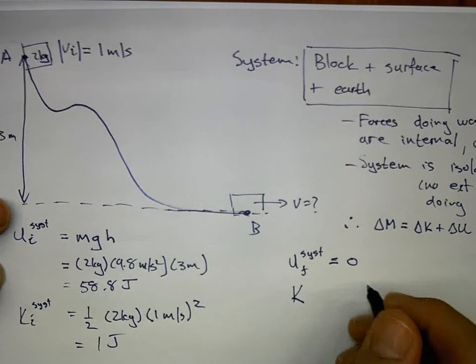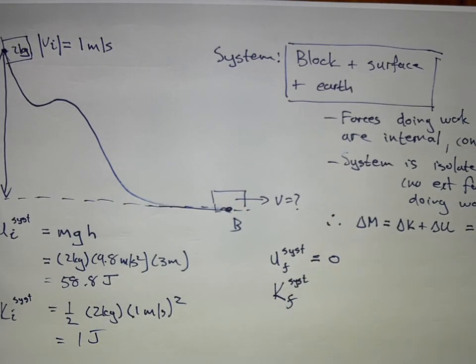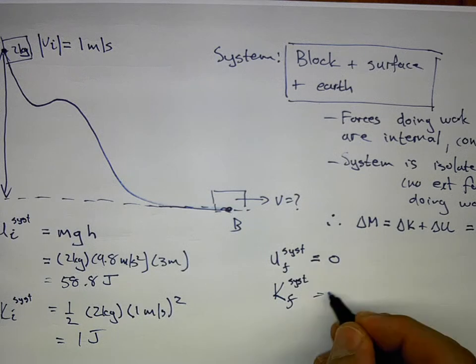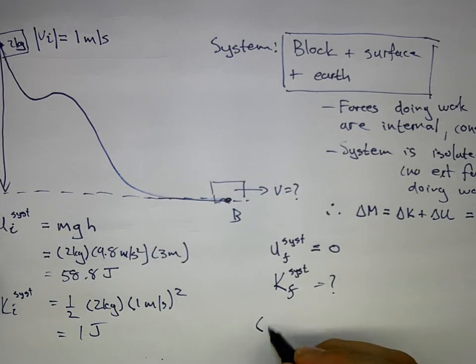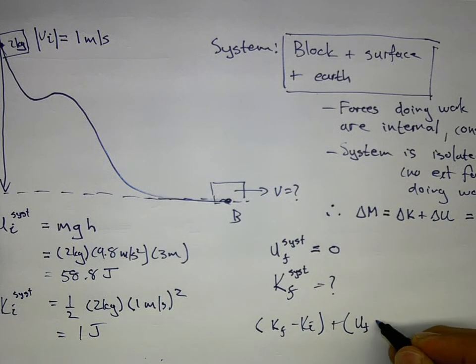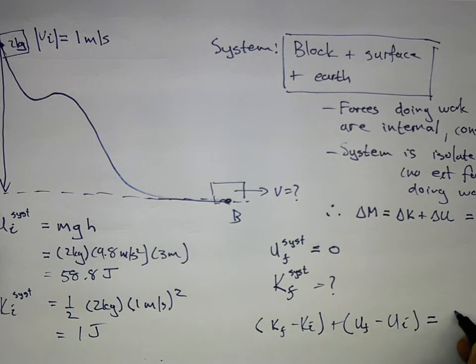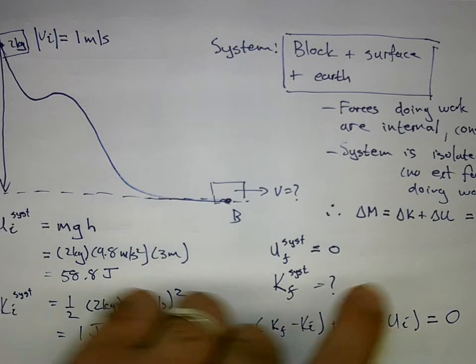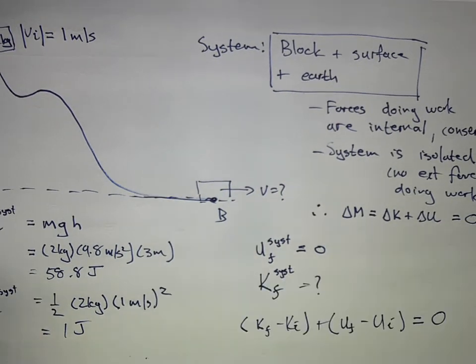So the final kinetic energy of the system is what we need. We can say that the change in kinetic energy, so K final minus K initial, plus the change in potential energy, so potential energy final minus potential energy initial, has to be equal to 0. Right? Change in kinetic energy plus change in potential energy must add up to 0.